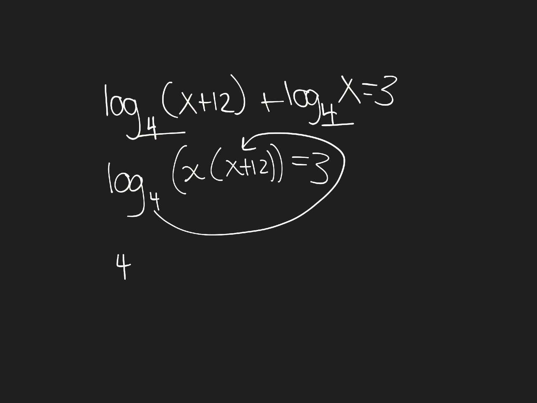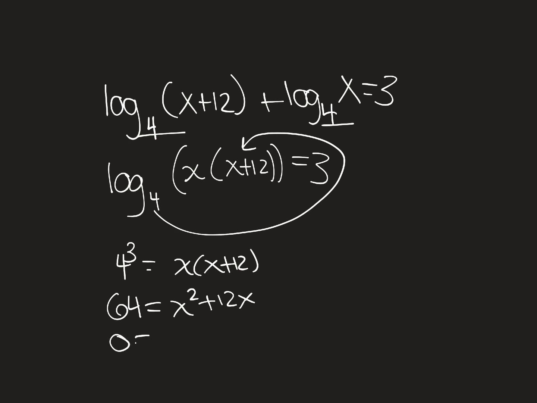So 4 to the third equals x times x plus 12. 4 to the third, 4 times 4 is 16, times 4 is 64. So 64 equals x squared plus 12x. Again, a quadratic must equal 0 to solve. So x squared plus 12x minus 64.